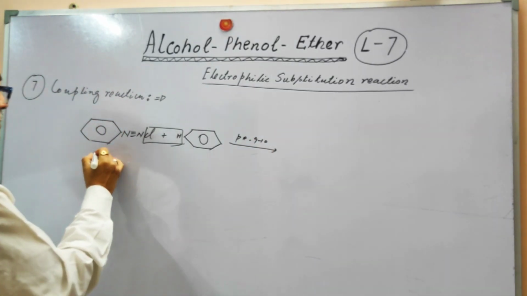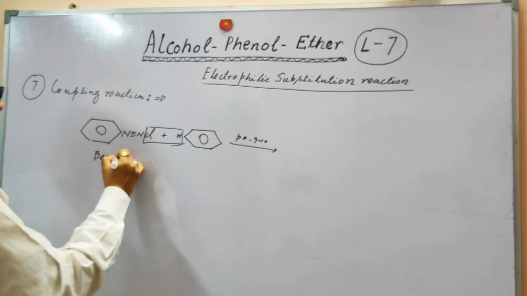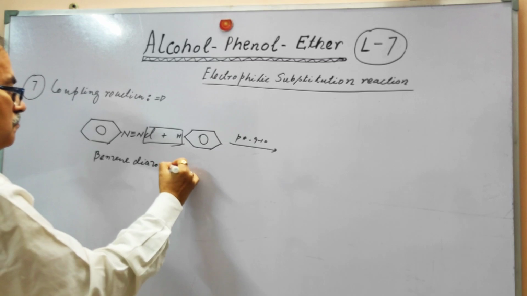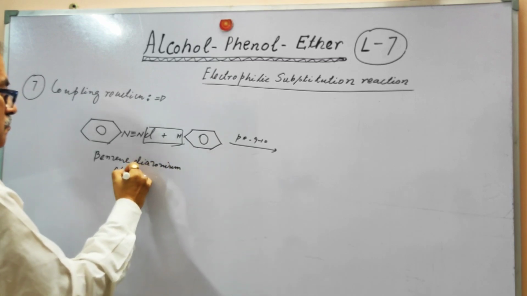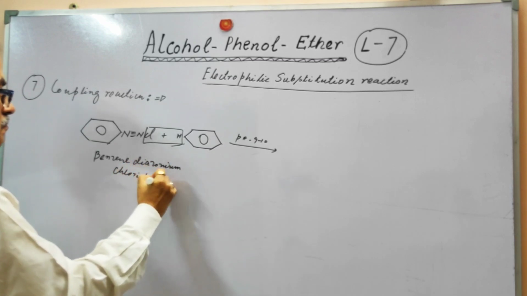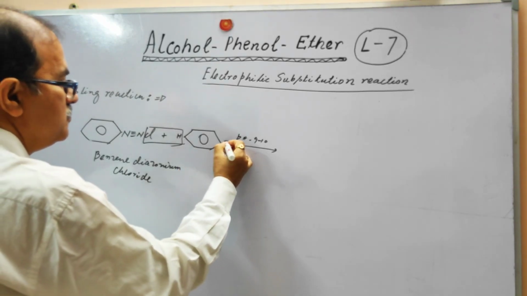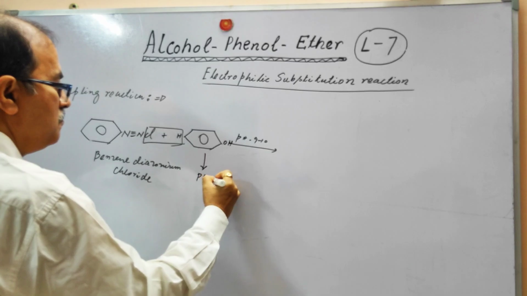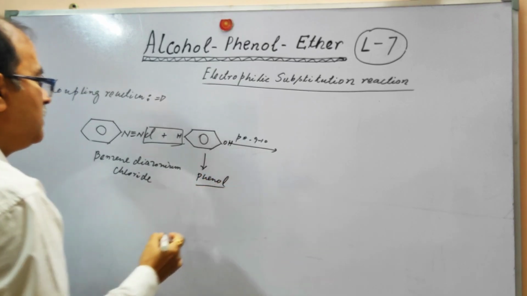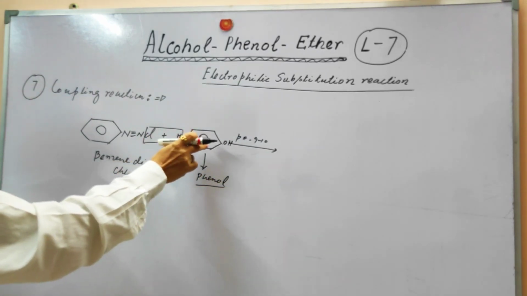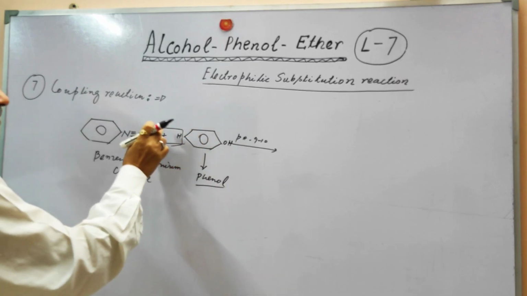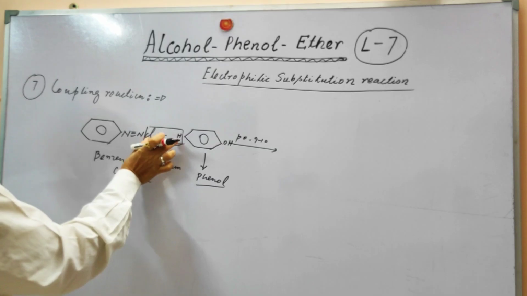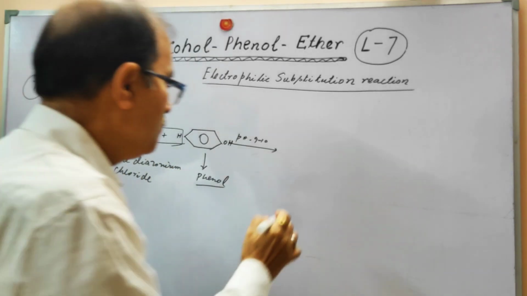This is benzene diazonium chloride, and this is the phenol. Here the hydrogen atom of this phenol has been replaced by the reaction between this chlorine atom and the hydrogen atom.